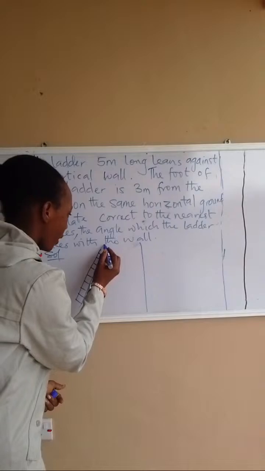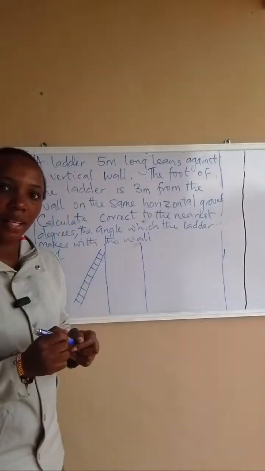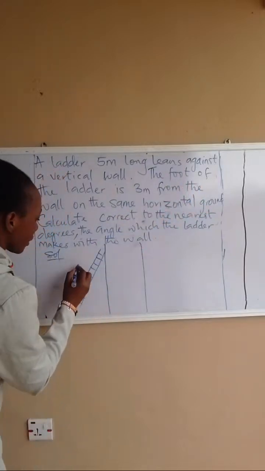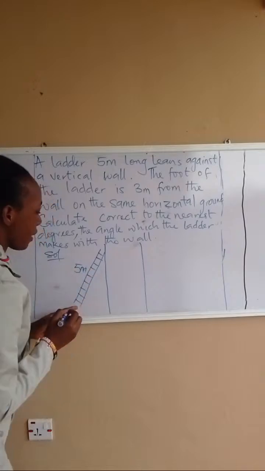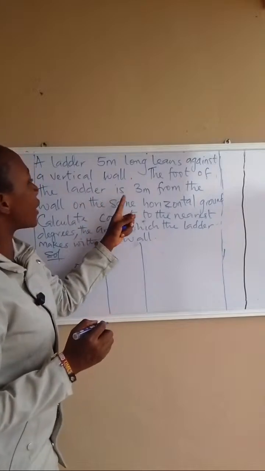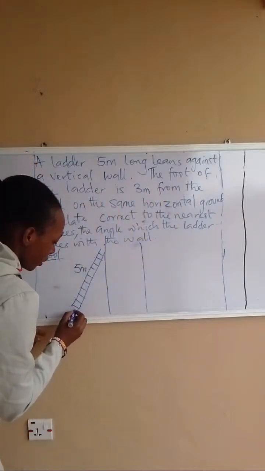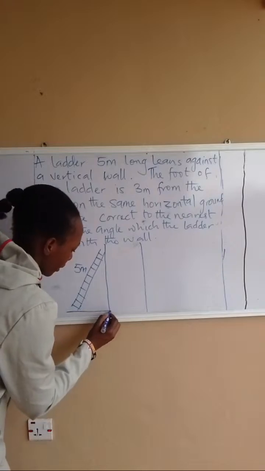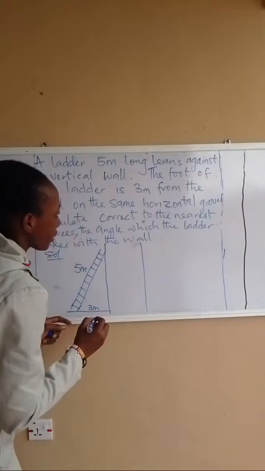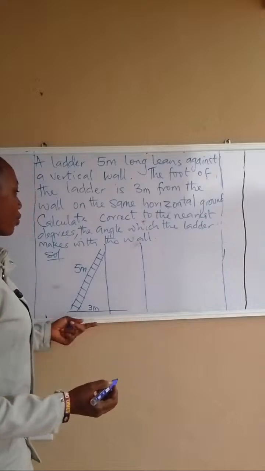So this is our wall. Can you see that? This is 5 meters long. The ladder is 5 meters long. The foot of the ladder is 3 meters from the wall. The foot is 3 meters here, on the same horizontal ground.